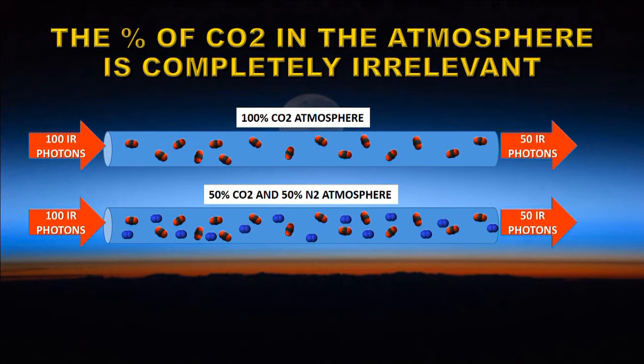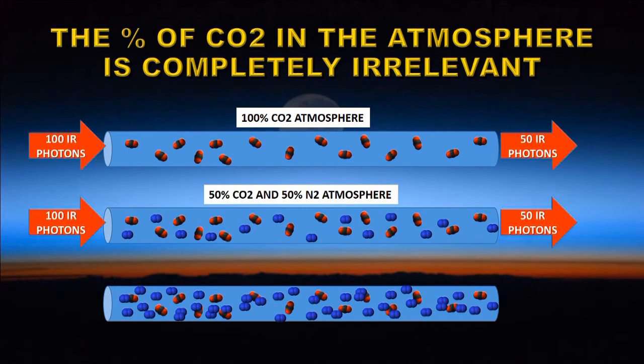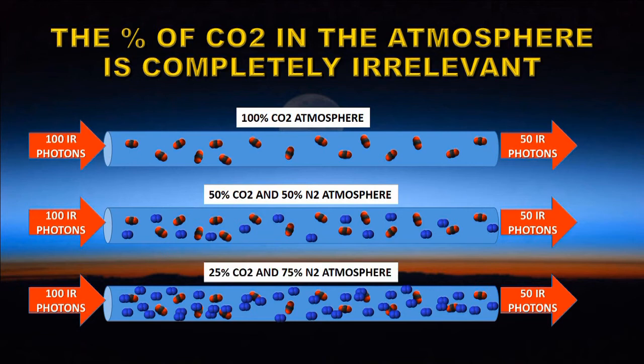We can take this even further. Now we've got the same cylinder, but now there's 3 times the amount of nitrogen in the atmosphere as there is carbon dioxide. But remember, it's still transparent, so when you put 100 IR photons in one end, you'll still get 50 IR photons out the other end. But now you've got a 25% carbon dioxide atmosphere.